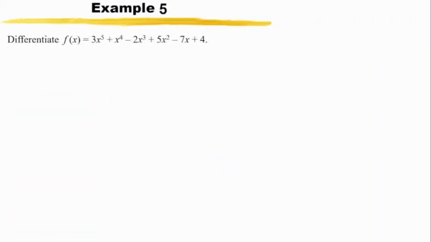So for example 5, they gave us a polynomial. We just have to take the derivative on a term-by-term basis. There's no radicals, there's no fractions, there's no negative exponents.